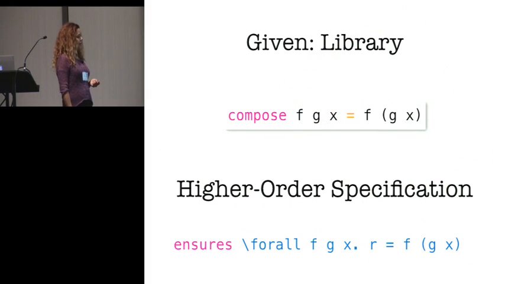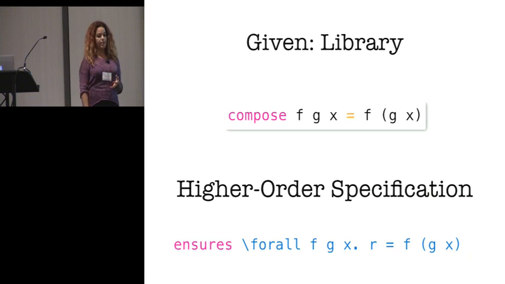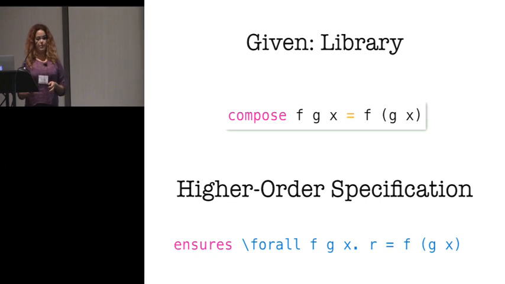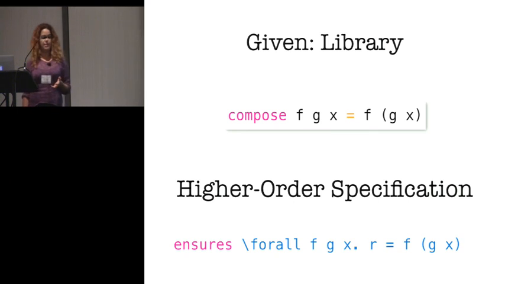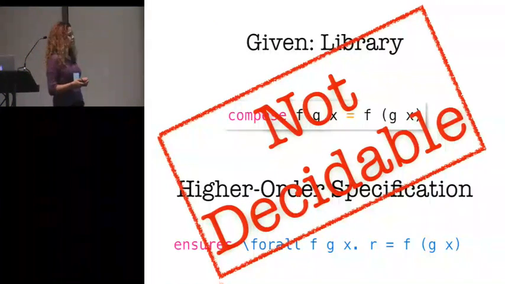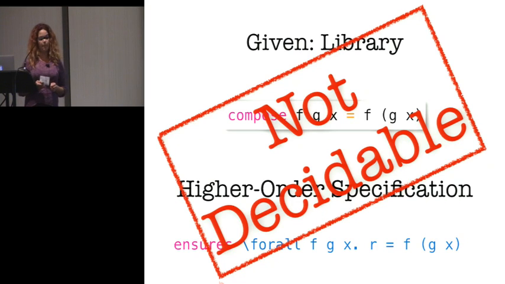As another attempt, I can give compose a higher-order specification. For example, I can say that for every function f and g, compose just returns the composition of these two functions. The problem now is that I use arbitrary functions in my specification, and this means that I can get outside of my decidable logic, so then my specification is not decidable.